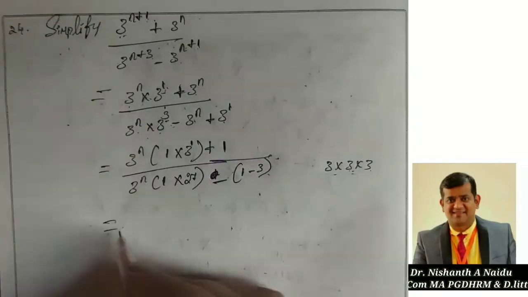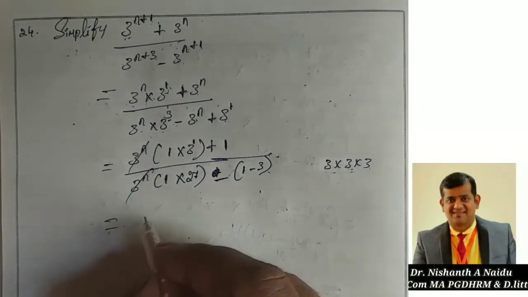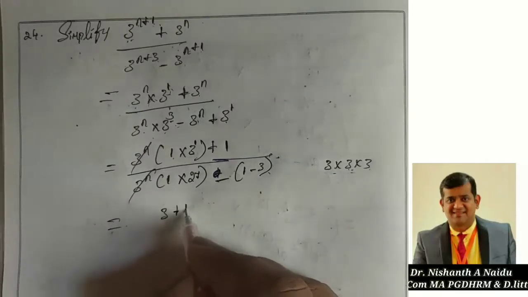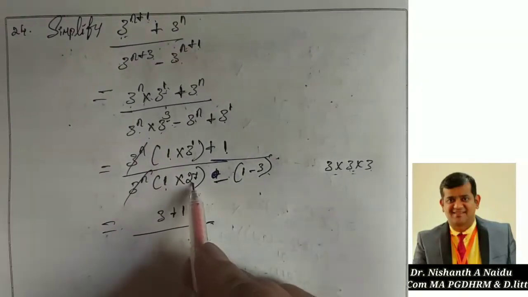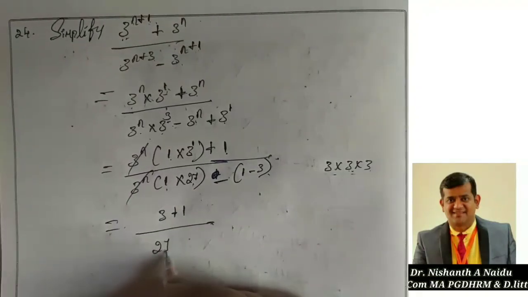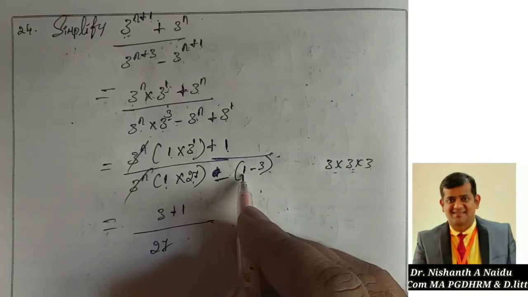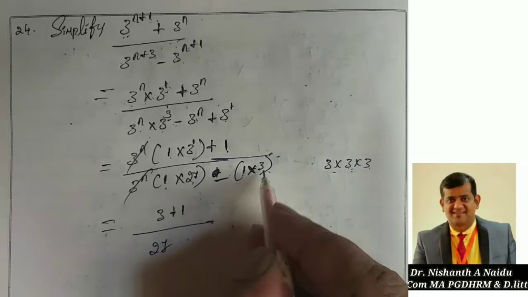Okay. So in the next stage, the 3 to the power n's cancel. So left out is 3 1s are 3 plus 1, divided by 1 27s are 27 and 1 minus 3, that is 1 into 3, sorry, 1 3s are 3.